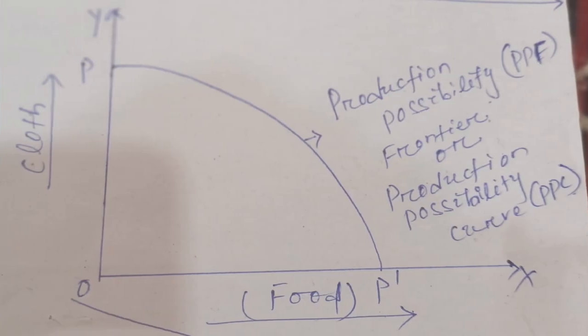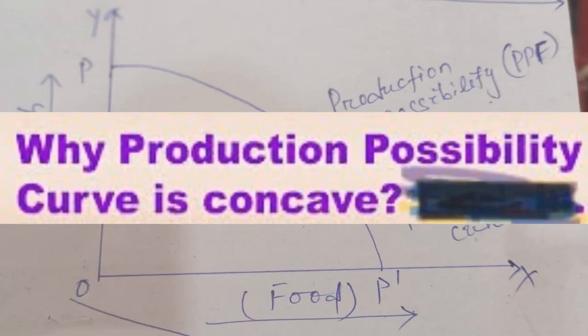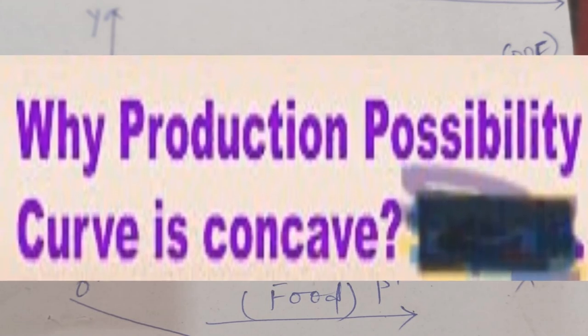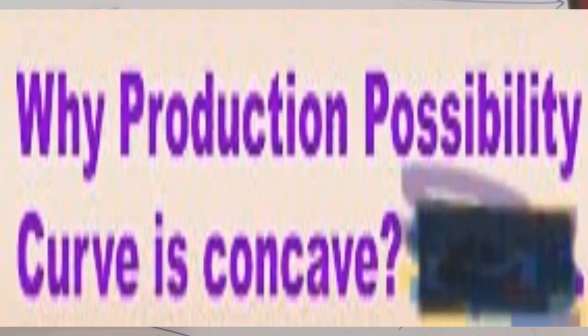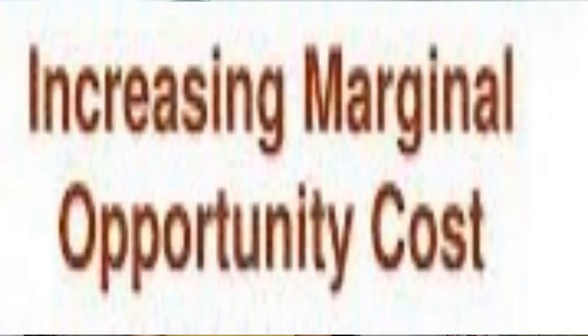Not only downward sloping but also concave. Why is that concave? It is concave because of increasing marginal opportunity cost.